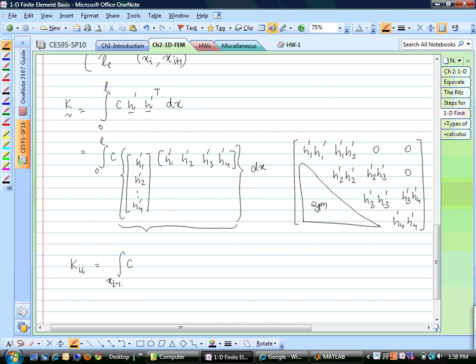So xi minus 1 to xi and minus 1 over LE multiplied with minus 1 over LE. And there is no summation here. This is just to denote that it is a diagonal term. So if we do that, what do we get? C x going from xi minus 1 to xi over LE square.